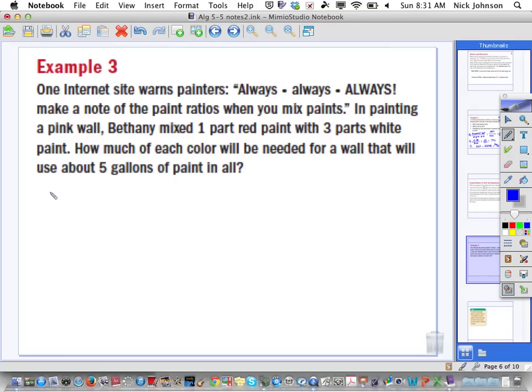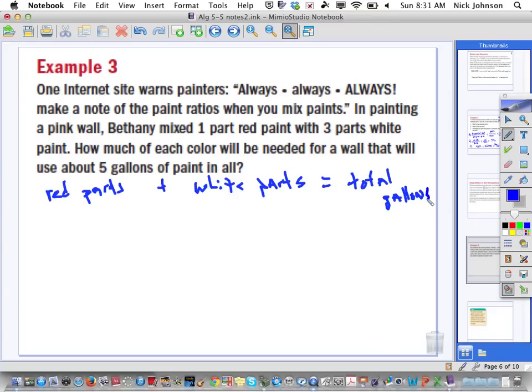You're going to take your red parts plus your white parts and equal it to total gallons. Okay? So, how many red parts are there?